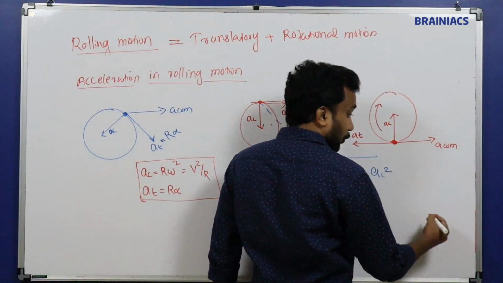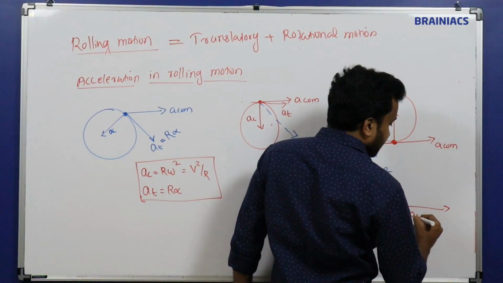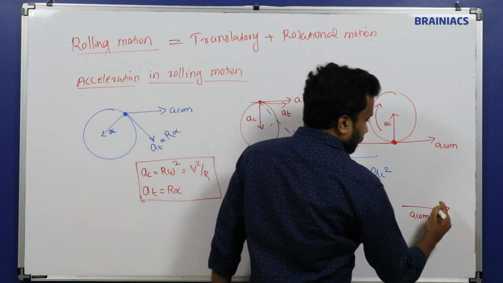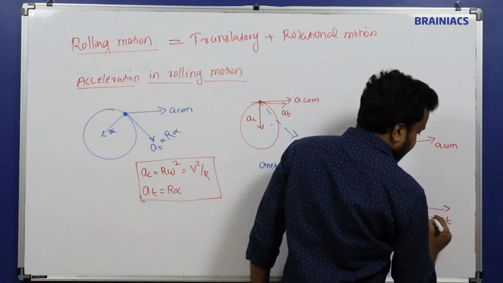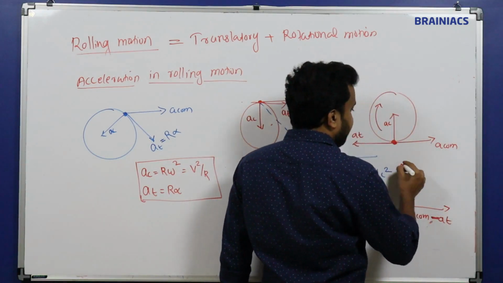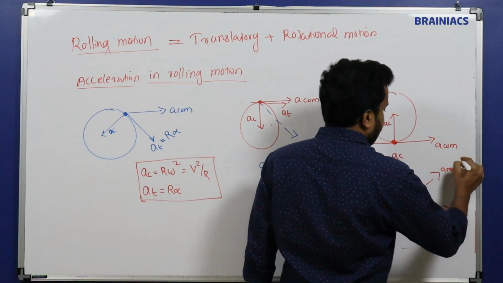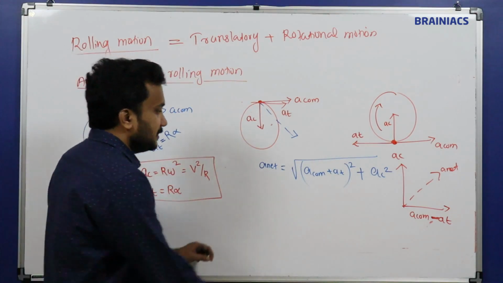This can be drawn as ACOM in this direction and minus AT, so AT in this direction, and I have AC in this direction. So this is my net acceleration. How do we find the net acceleration?